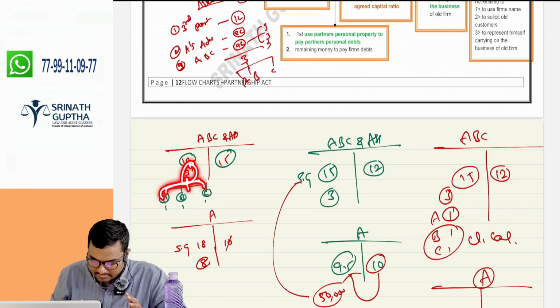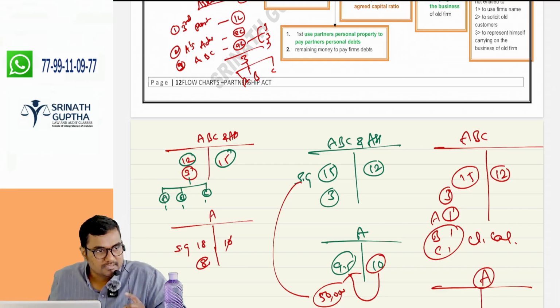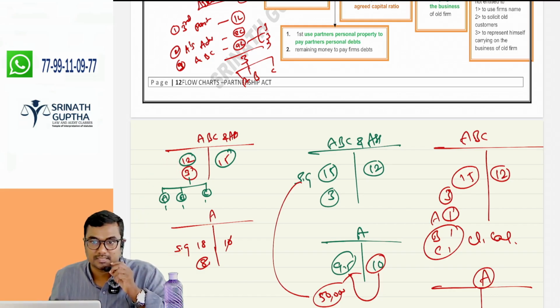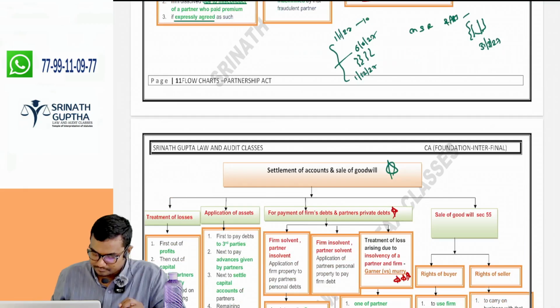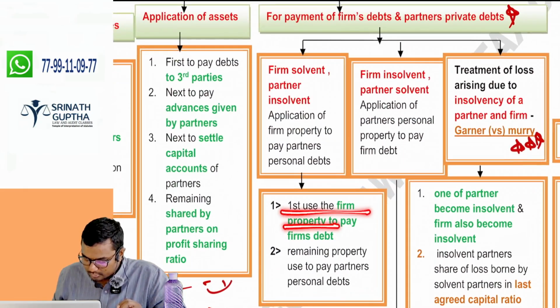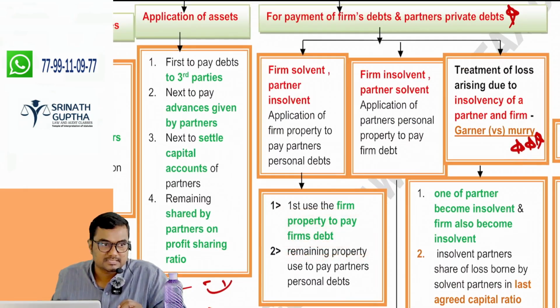Out of these 3, what is A's share? 1 lakh. I can take only 1 lakh. The firm will use its assets to pay its liabilities. If something remains, it will be used for paying the personal debts of the partner. First, the firm will use its property to pay its liabilities. Remaining property will be used to pay the personal debts of the partner.